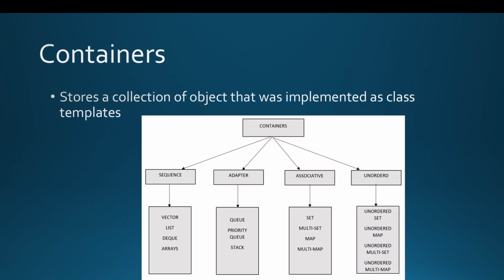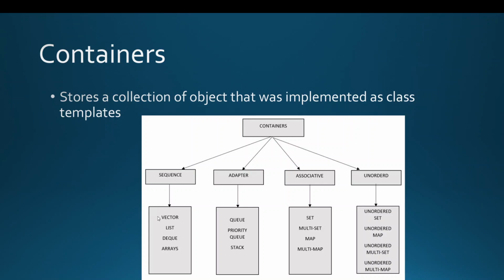So what does that even mean? It's basically a collection of different objects. There are different types of containers: sequence container, adapter container, associative container, and unordered container. These are different kinds of variables that work in a very unique way.